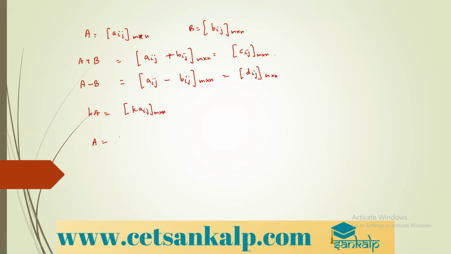Next, if the matrix A is having Aij elements of order m by n, and B is having elements Bjk of order n by p, then we can multiply the matrices A and B. When you are multiplying AB, you are multiplying corresponding Aij and Bjk elements and adding them up, where j will go from 1 to n, and the resulting matrix will have Cik elements, and the order will be m by p.